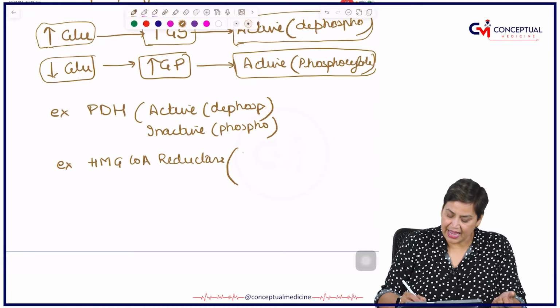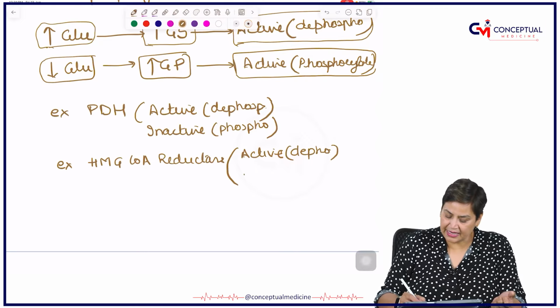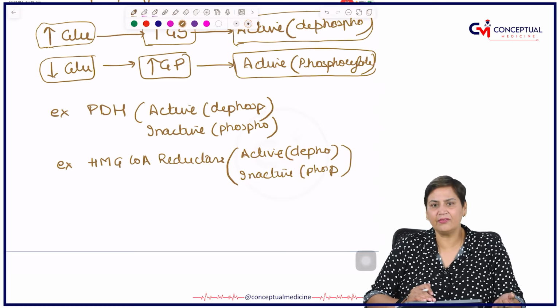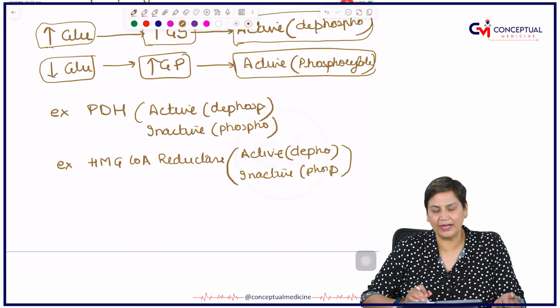Again, the same: active form will be dephosphorylated and inactive form will be phosphorylated. So right now, I think this much is enough. Slowly when we are going to study the reactions, this concept will be automatically clear to you.